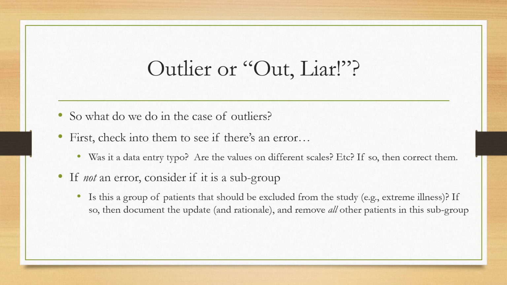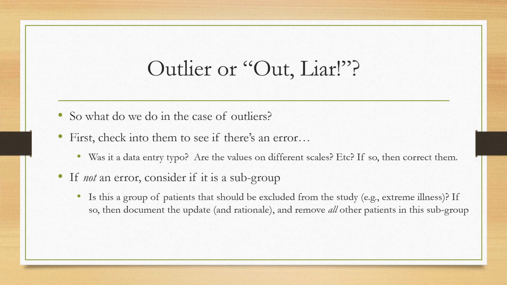The outlier status is not a valid subgroup for considering for removal. In this case, we'd be looking for something different than just the outlier status when we're determining subgroups. So be careful of that.